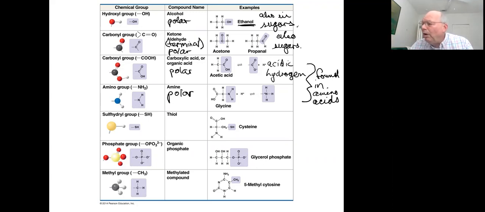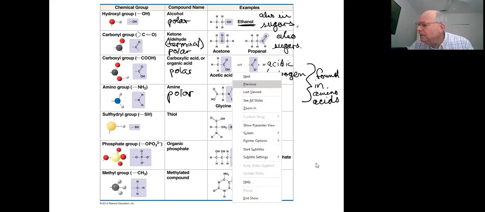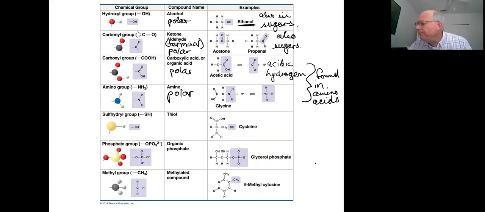And the reason why is because the nitrogen has a pair of electrons in the fourth molecular orbital, because nitrogen forms four molecular orbitals just like oxygen does, just like carbon does.